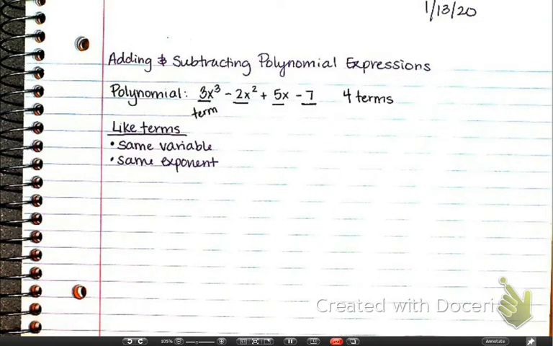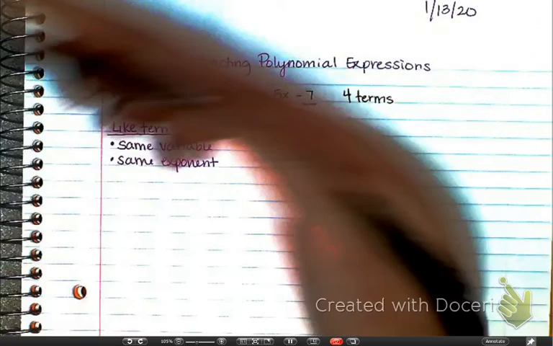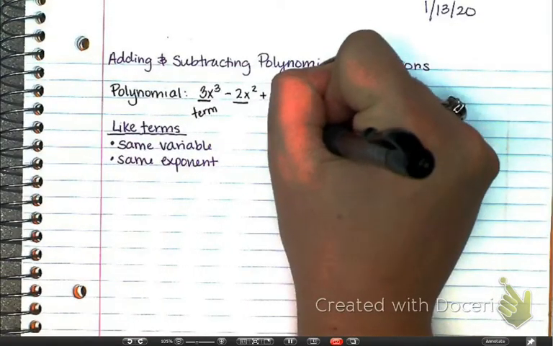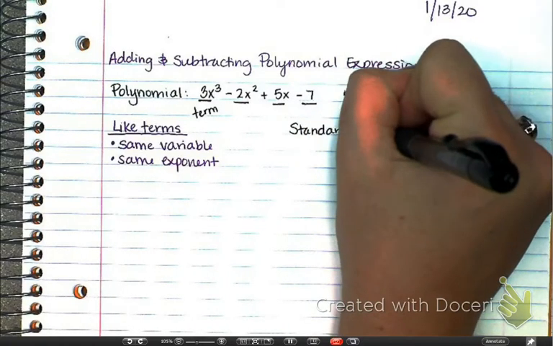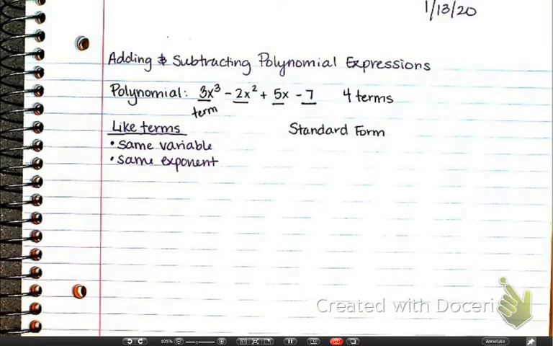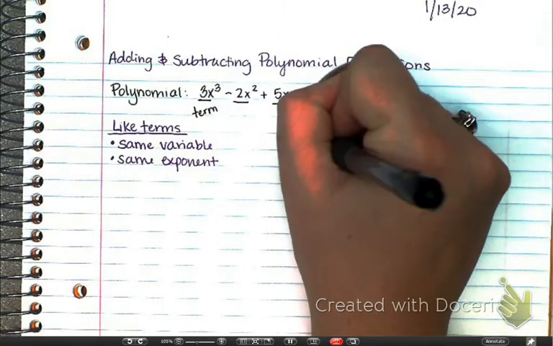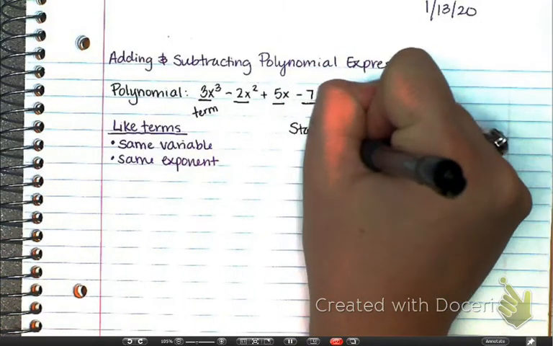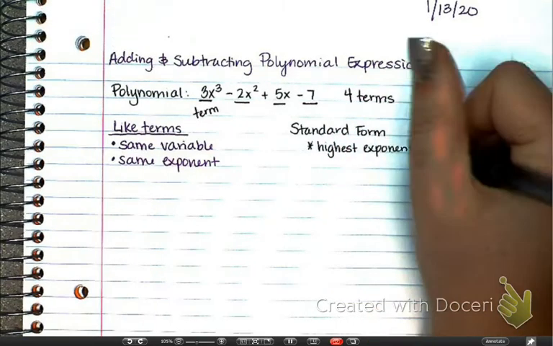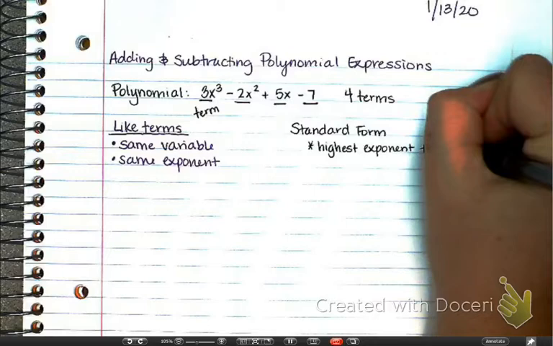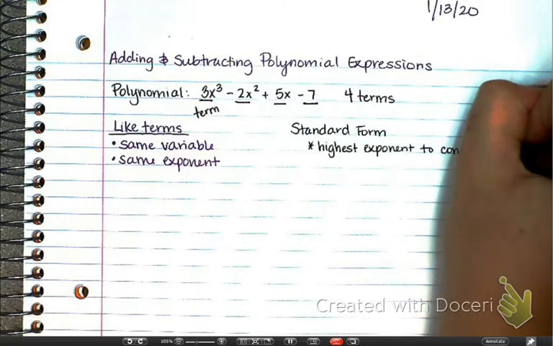Okay? Now, we're going to talk about something called standard form, and you probably talked about it last year in IM1. For us, standard form means we're writing it from the highest exponent to the constant. So highest exponent to the constant.